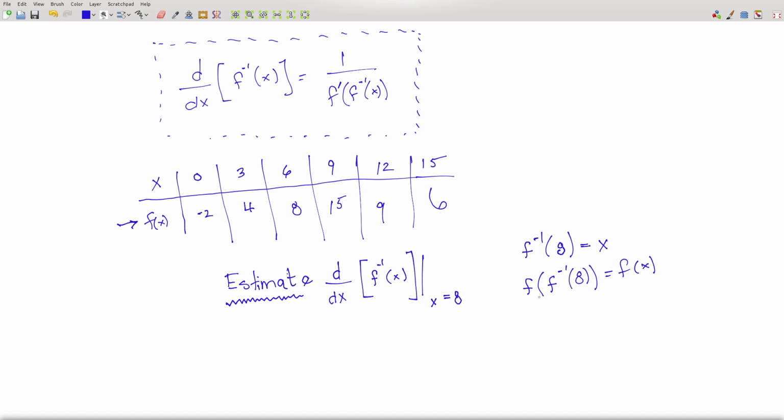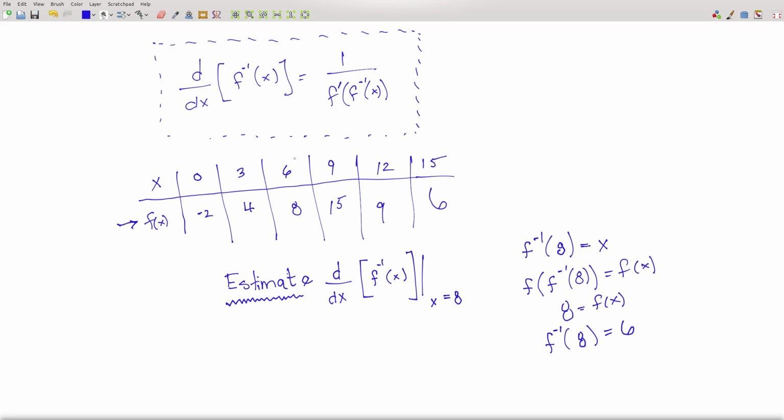Well, f of f inverse, they undo each other, so this is saying that 8 equals f of x. So if I look in my row of f of x, right there is where 8 equals f of x. What is the value of x that gives that? Oh, that's 6. Okay, so I now know that f inverse of 8 equals 6.